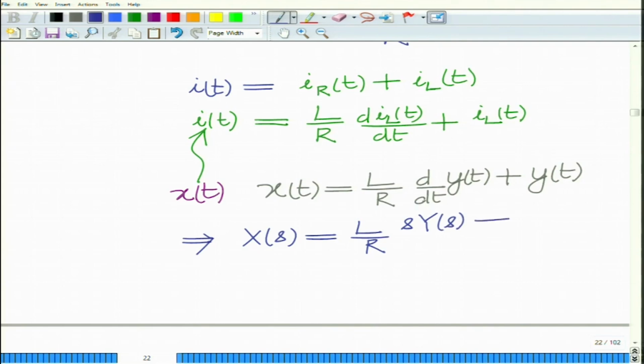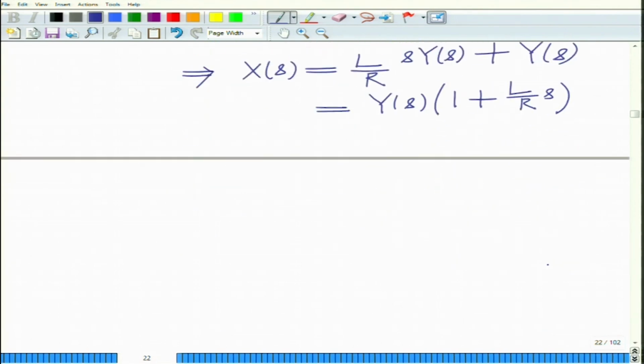This is sY(s) plus the Laplace transform of y(t), which is Y(s), which is equal to Y(s) into 1 plus L over R into s, which means the transfer function, remember the input output transfer function is defined as the ratio of output Laplace transform to input Laplace transform, that is Y(s) over X(s).